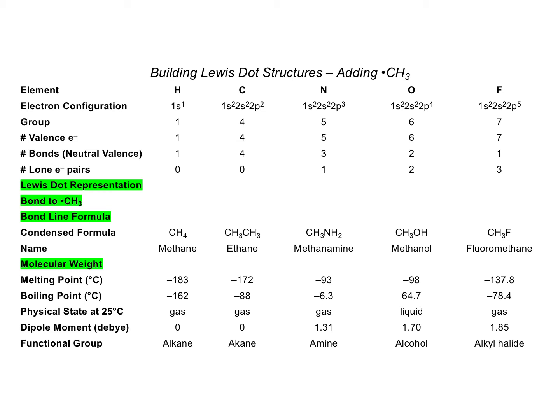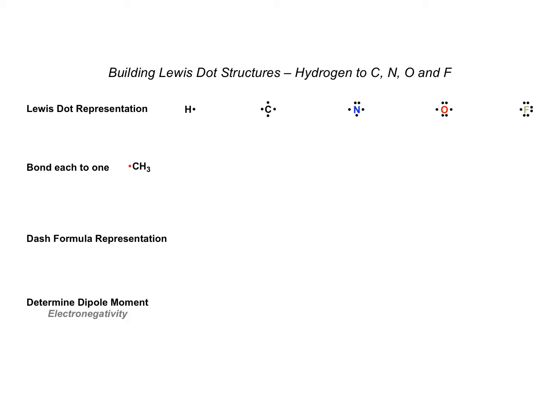So let's go to the next slide and do that on an open template. So here's our Lewis dot representation. I'm basically going to bond each one to this. So here we're going to make methane. So H supplies 1 electron.